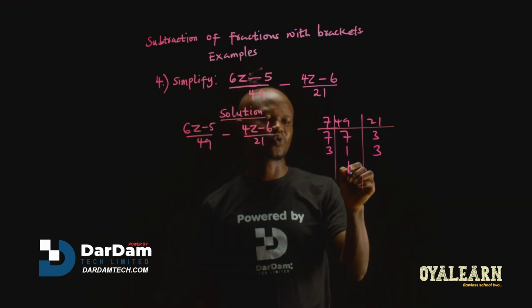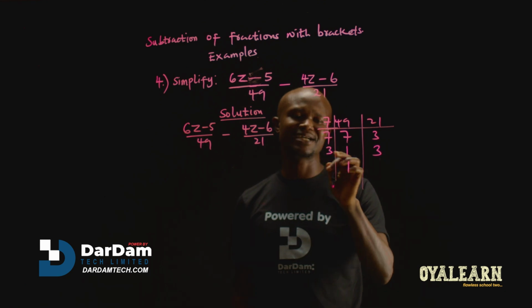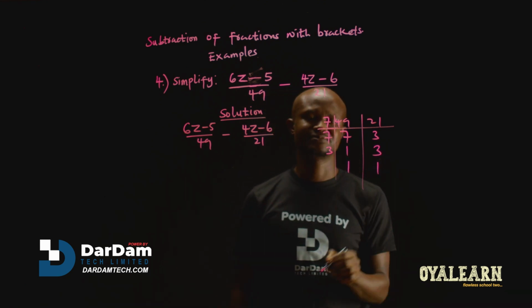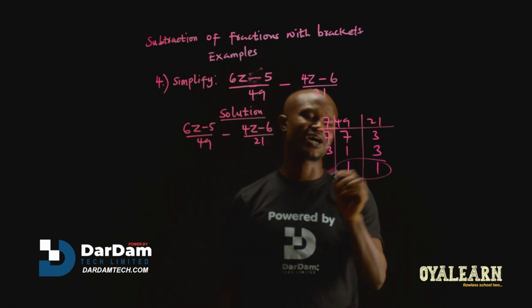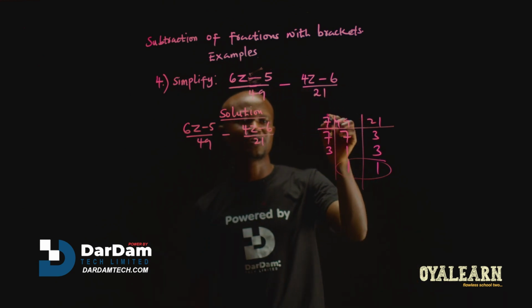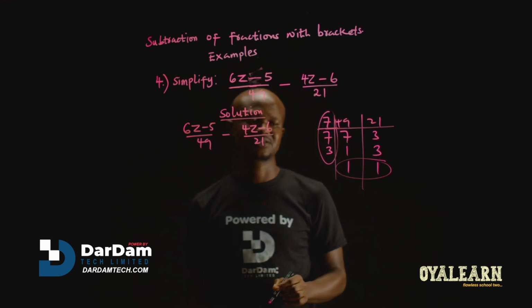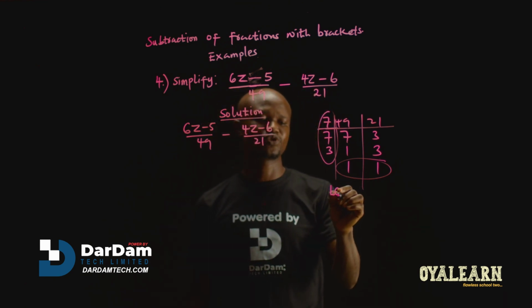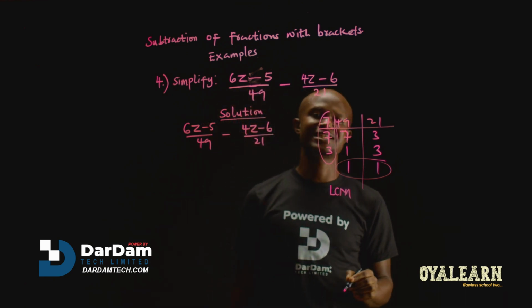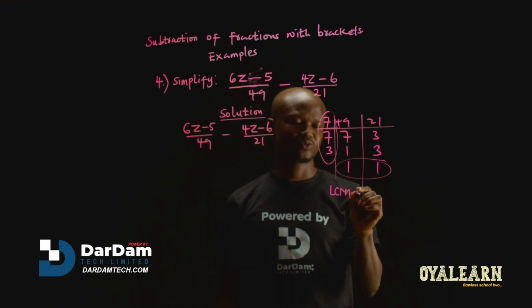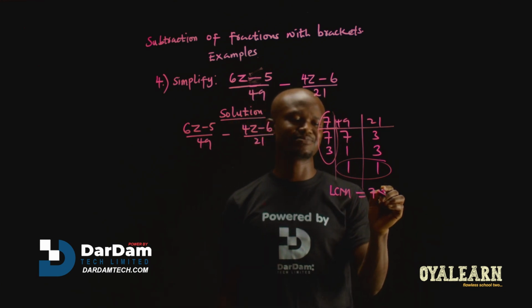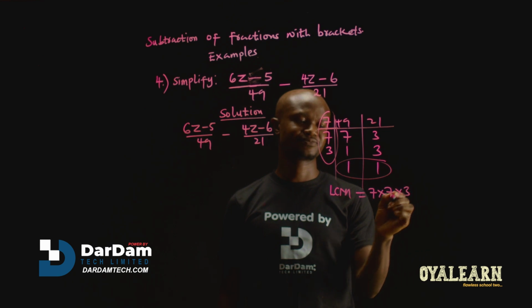So we'll still write 1 here. 3 divided by 3 is 1. So you can see we're having 1, 1 at the end. So the product of these numbers will form our LCM. So the LCM of 49 and 21 will be equal to 7 times 7 times 3.